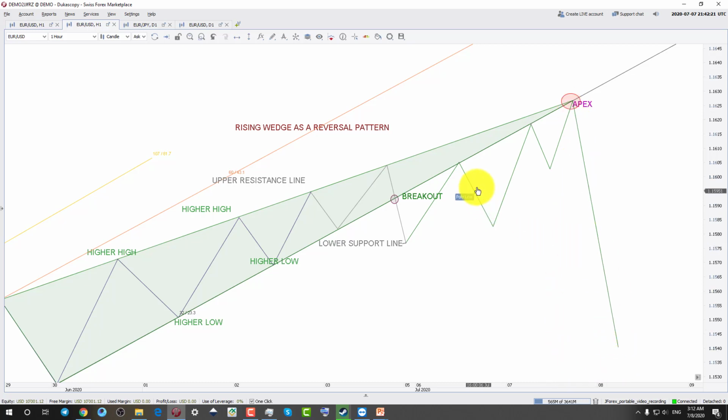Now this is one scenario. The other scenario is that the price will go straight to the apex. Okay, this can also happen. That is another scenario. Now in that scenario also you have to wait for a retest.